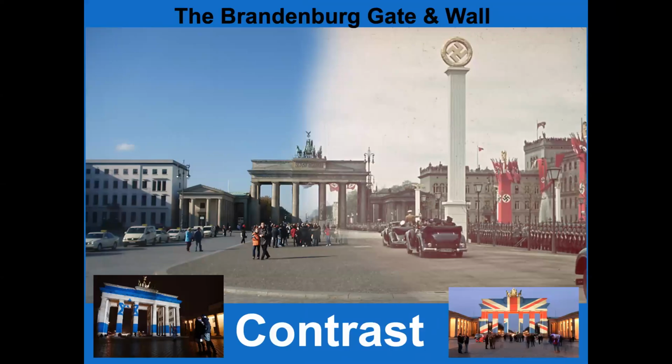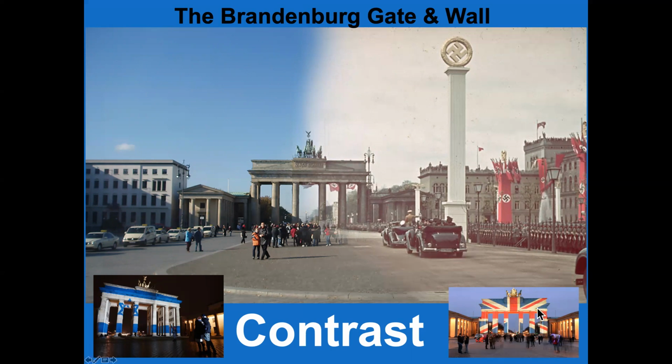Here's the idea of contrast, the Brandenburg Gate. Here's an image, it's really well done, during a Nazi parade. Here's Hitler. And that image on the other side is open and free. Here is the Israeli flag being painted with lights, LEDs. Think about it. The Israeli flag, Nazis, get it?